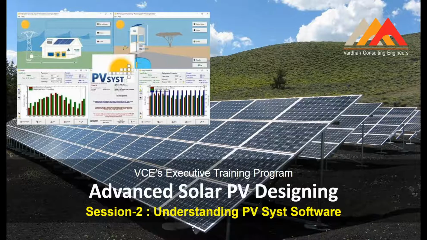Okay. Second thing is, when you have decided how many modules you want to connect in series, then you need to decide whether you want a string inverter or a central inverter. String inverters are small inverters, 50 kilowatt, 60 kilowatt, 100 kilowatt. Central inverters are big, 1 megawatt, 1.5 megawatt.